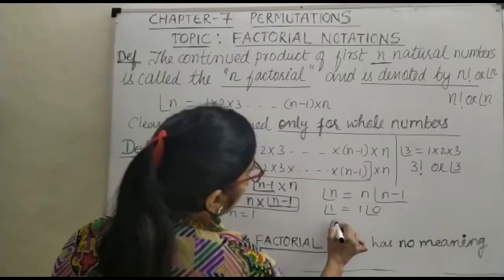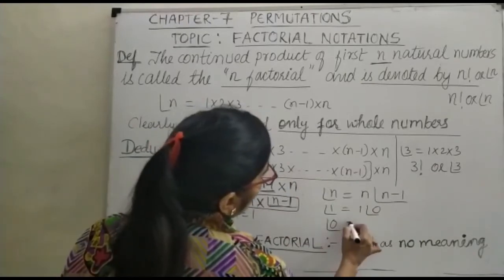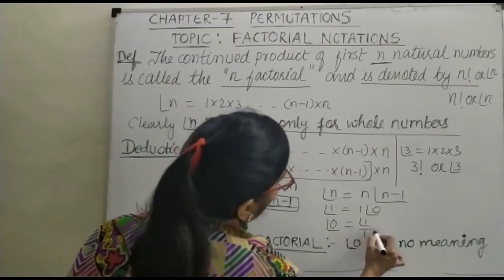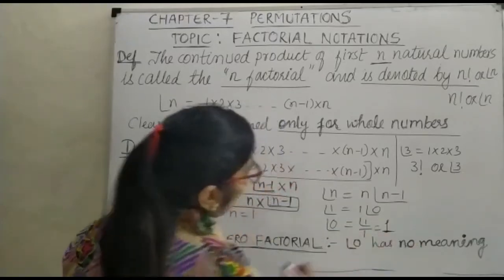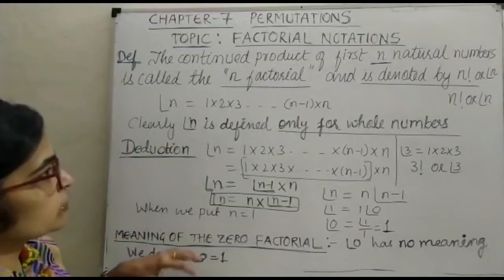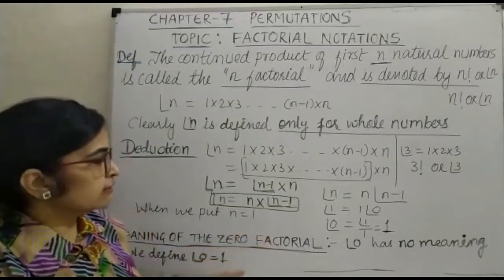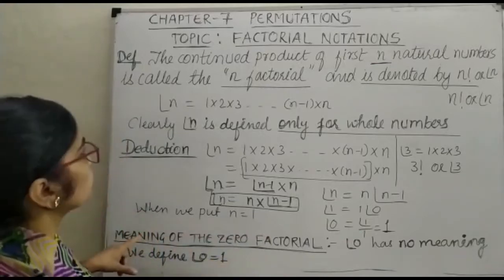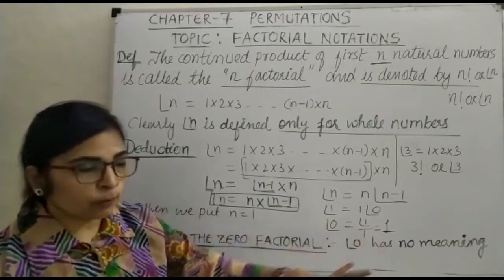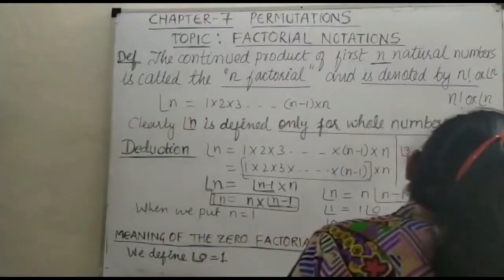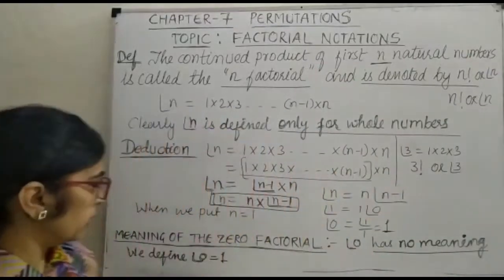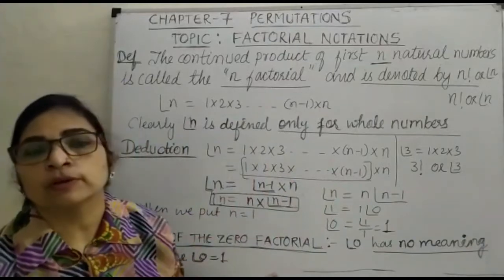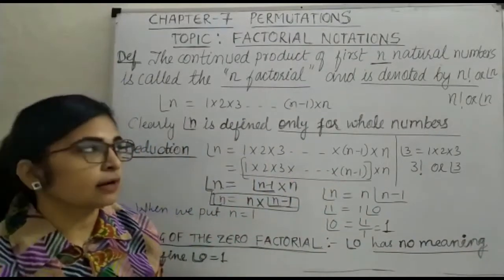So 0 factorial is equal to 1 factorial upon 1, and that is equal to 1. The very important thing to see is the meaning of 0 factorial. One thing you should remember, that 0 factorial has no meaning. For our calculation we just write the value of 0 factorial as equal to 1.